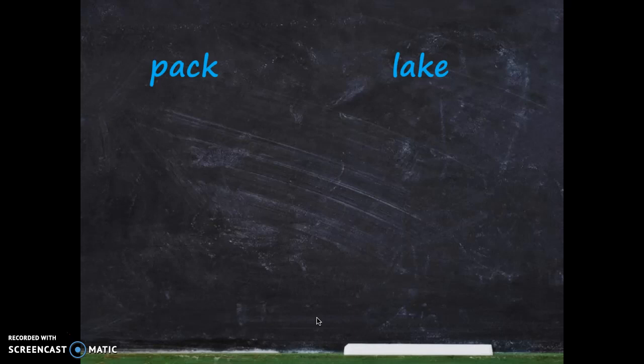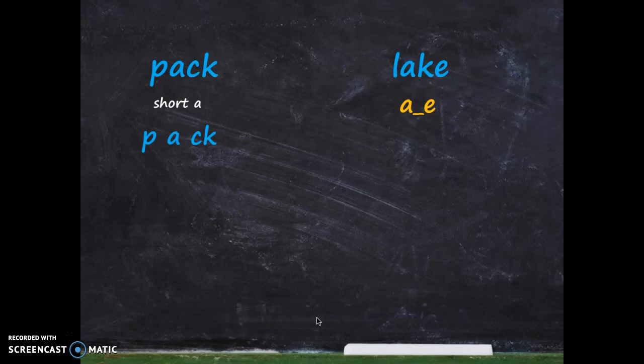This is a long A sound. Now remember that the combination A-E makes that A sound. So that A, there's a space for a letter, and then E at the end makes that A sound. So the E at the end makes that A say its name.